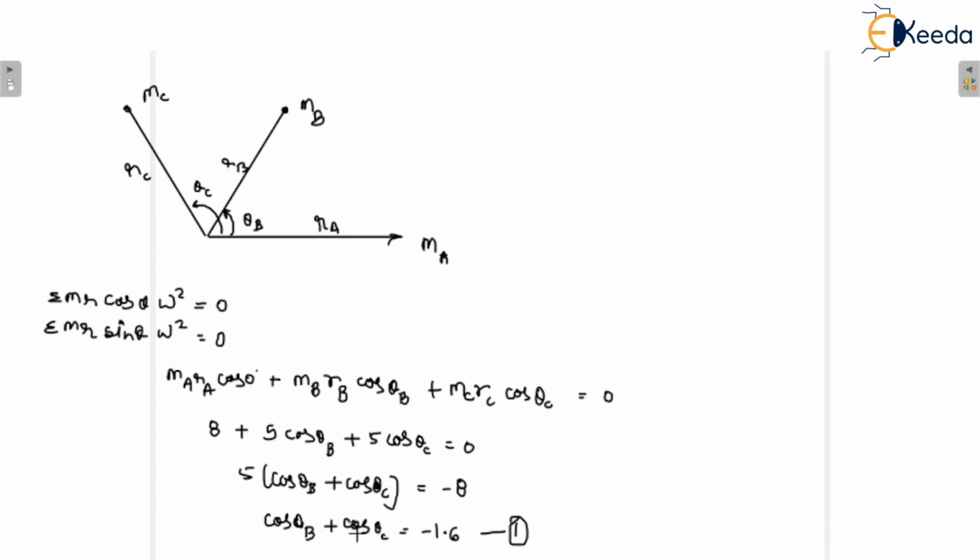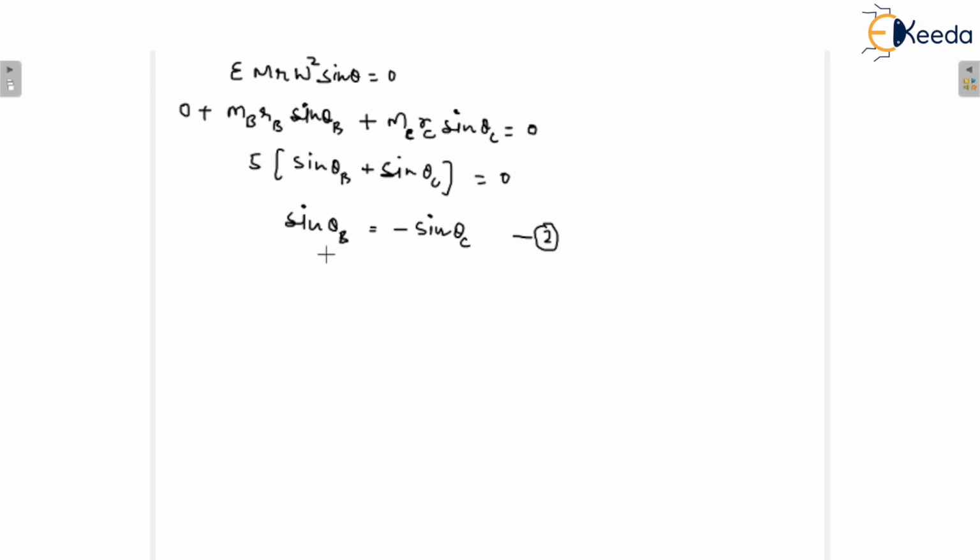Now when you carefully see the first equation, there is a cos theta b and there is a sin theta b. We all know that cos square theta plus sin square theta is equal to 1. So theta must be the same. Okay, so when you rearrange, I'm just going to write here both equations, that is cos theta b plus cos theta c is equal to minus 1.6, which we get in the first equation, and the second equation is this.